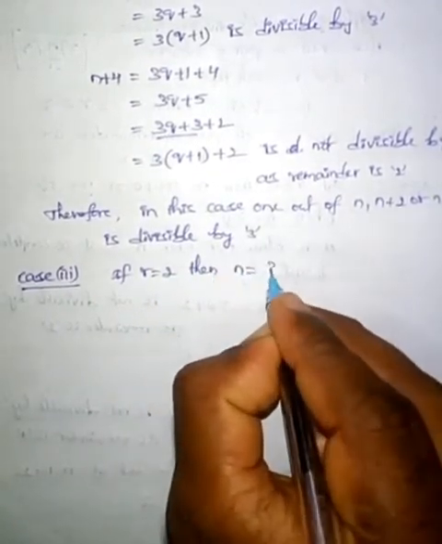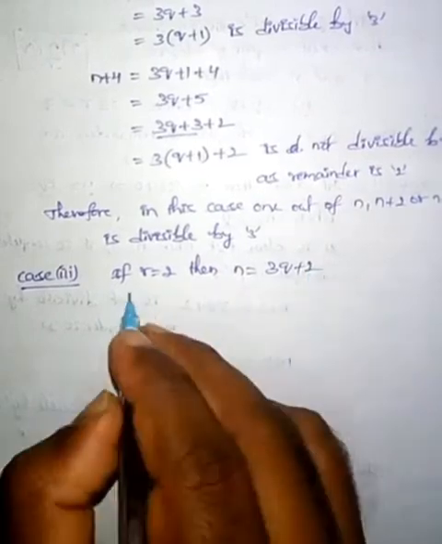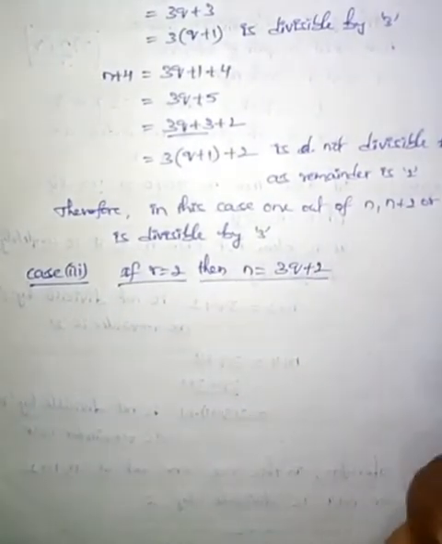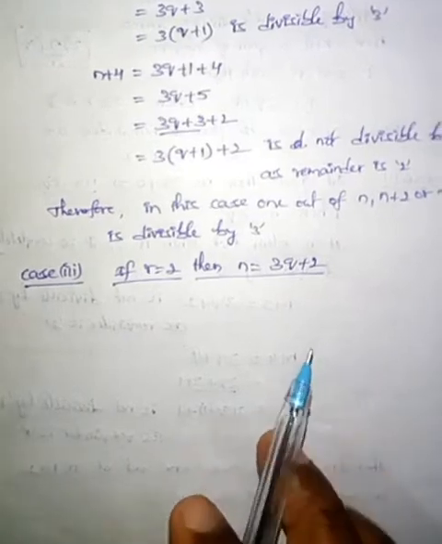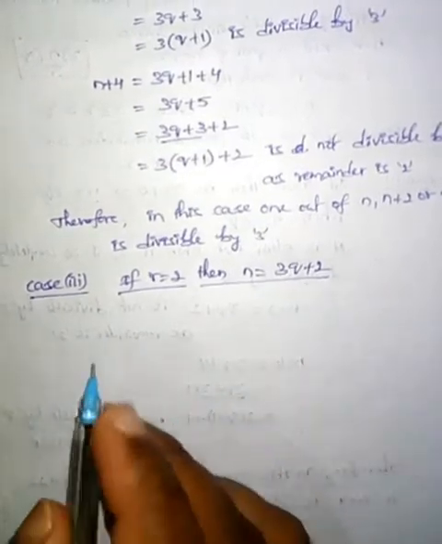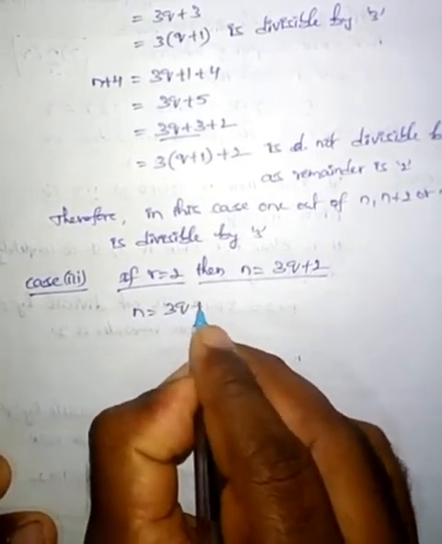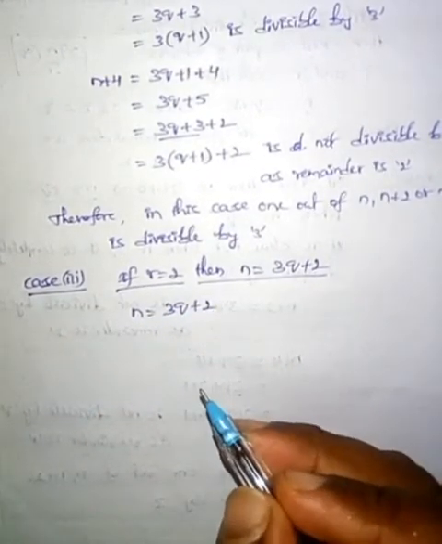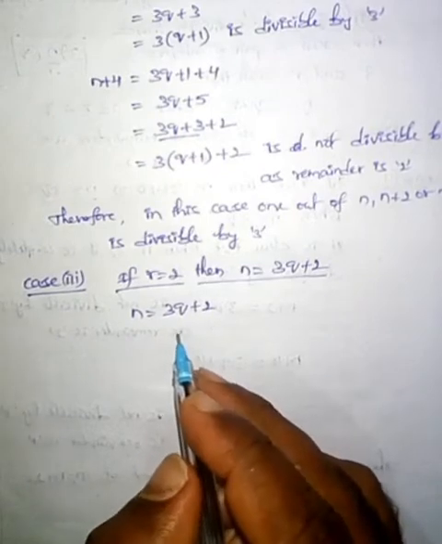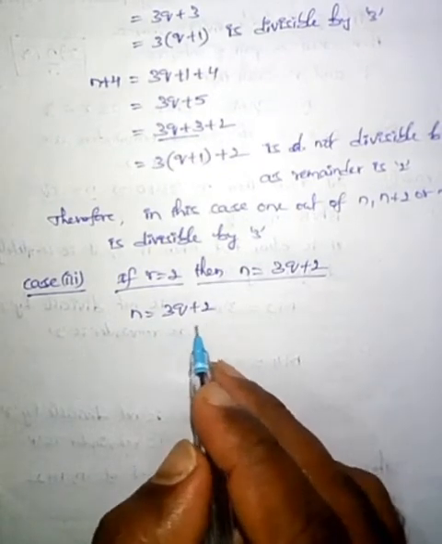then n equal to 3q plus 2. Now check which value is divisible by 3 when n equal to 3q plus 2. Okay. So first one, n equal to 3q plus 2. It is not divisible by 3 because when it is divided by 3 it leaves remainder 2.